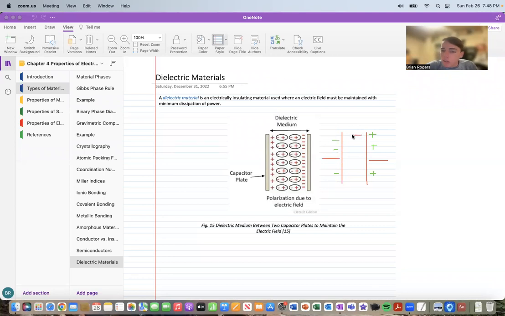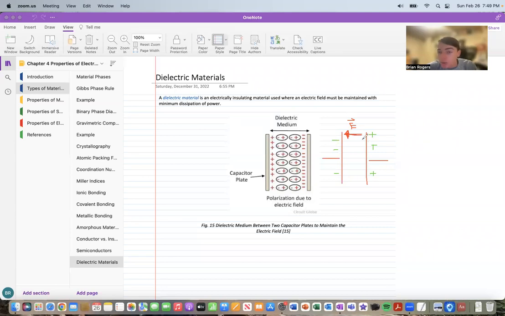That's going to be the direction of our electric field: it goes from the positive charge here to the negative charge. And so I indicate the electric field line with this E with a little hat on top of it. So there's an electric field, basically from the positive charges over to the negative charges.